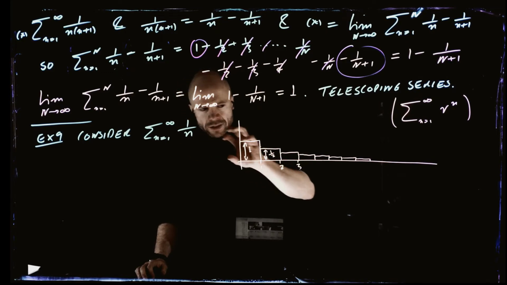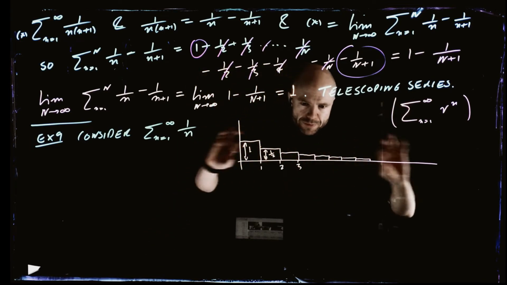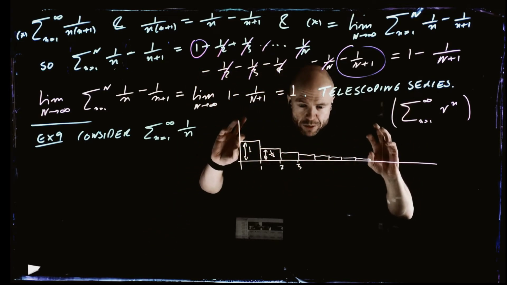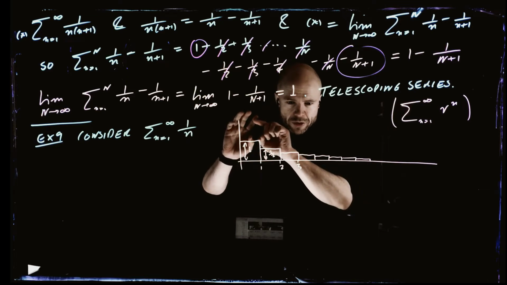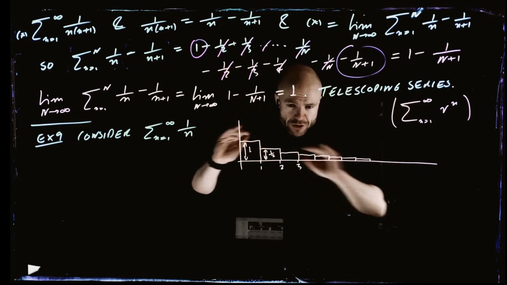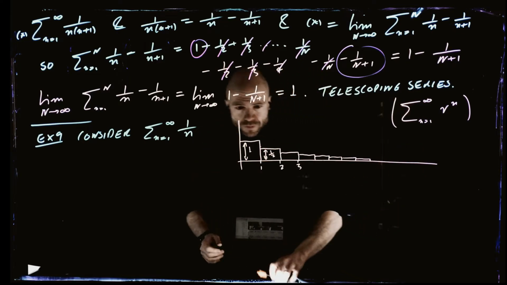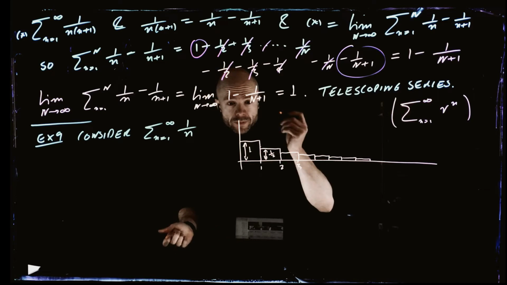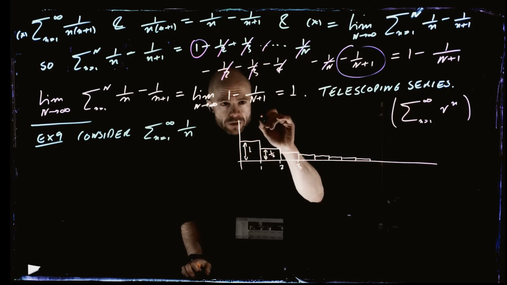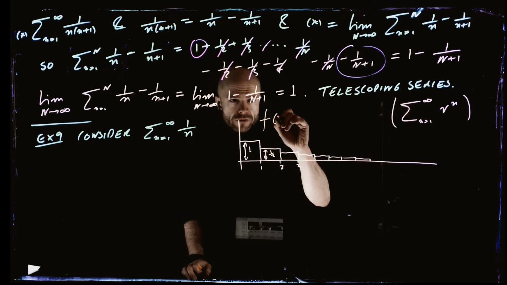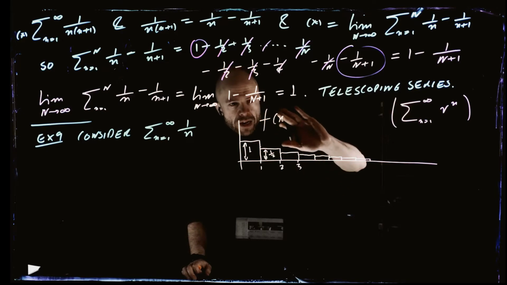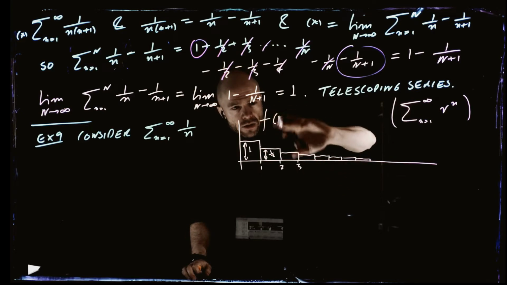But if we try to understand this in terms of something else, the natural thing would be to understand it in terms of the graph of a function that recovers this sequence.